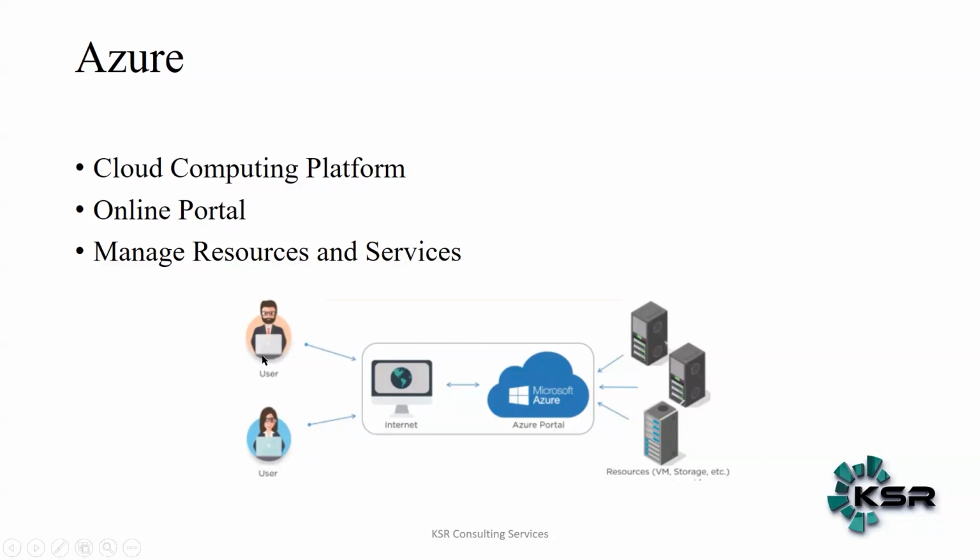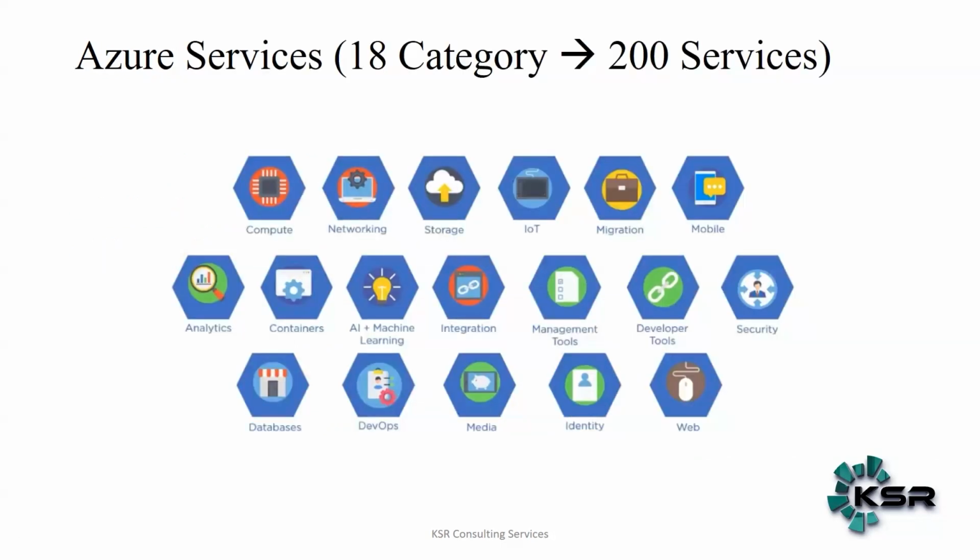For example, you are going through the internet, request for some servers, request for some storage, and they will give you. And what do you have to do in return? You have to pay money for them. As simple as that. Pay money, use the service, right? So with this, we have 200 services in Azure.